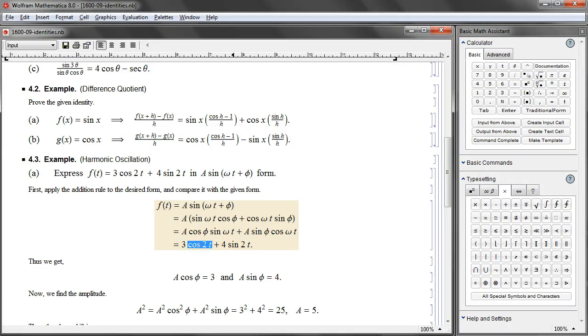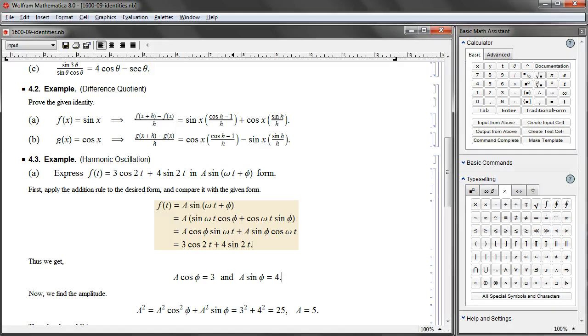Cosine of 2t will be cosine of omega t, so omega is 2, and 3 will be this A sine of phi. Now sine of omega t and sine of 2t, so they match, so omega is 2, and A cosine of phi will be 4. You see, you can find out those coefficients by comparing them.